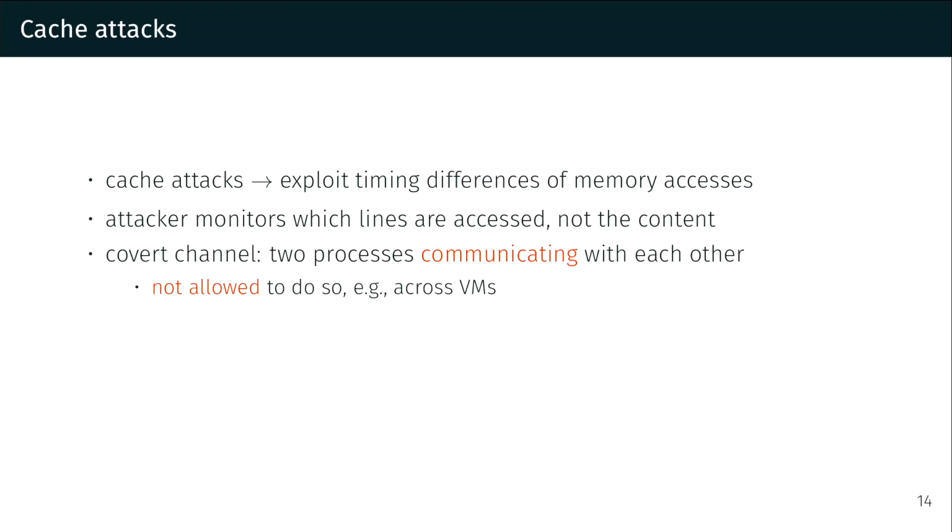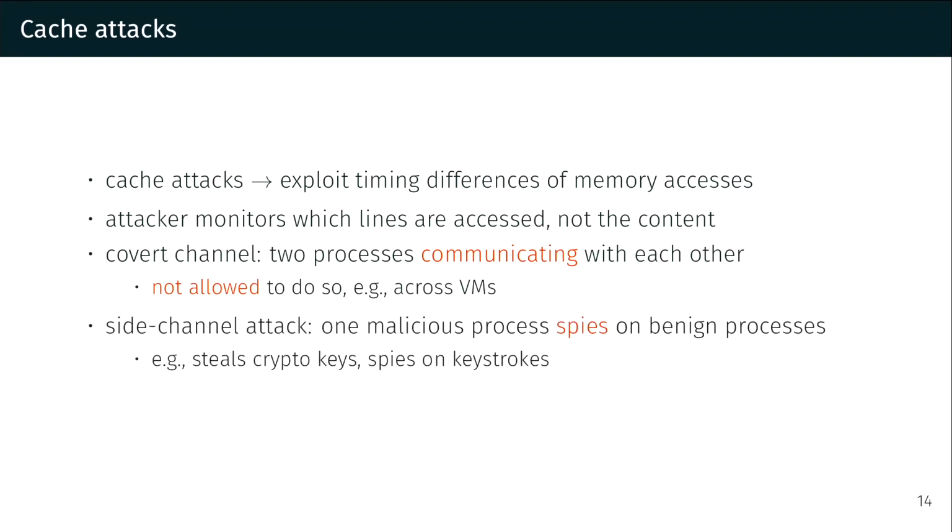So you can allow 2 processes to communicate with each other, evading the permission system, as we'll see later on. In addition, you can also do side channel attacks. So you can spy with a malicious attacking application on benign processes, and you can use this to steal cryptographic keys or to spy on keystrokes.